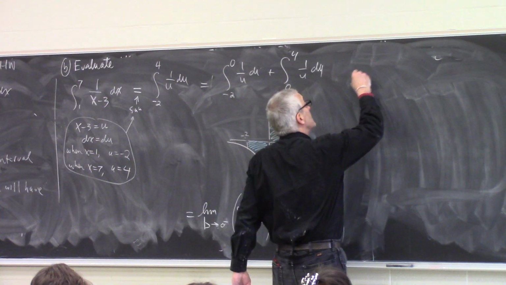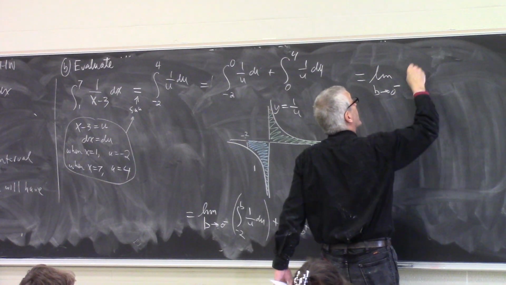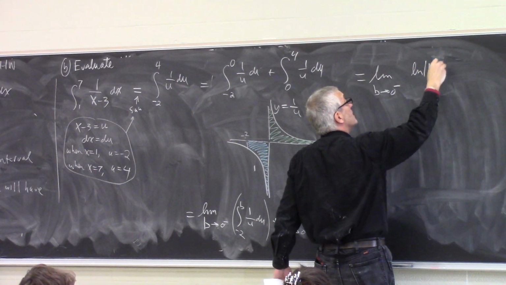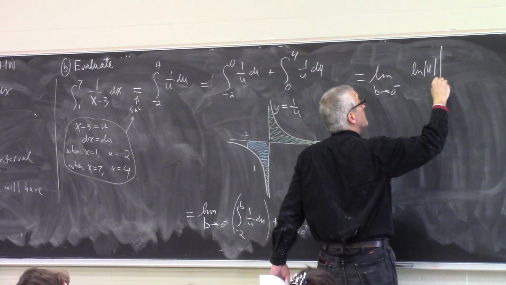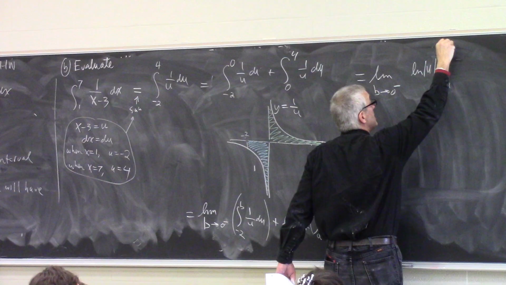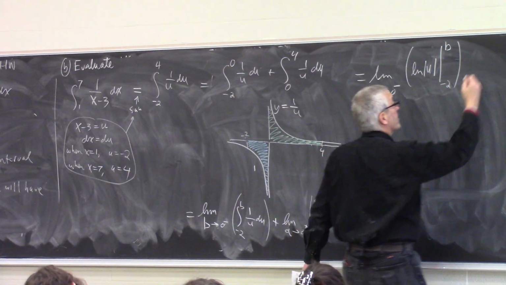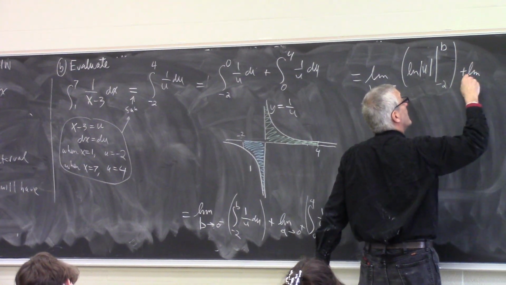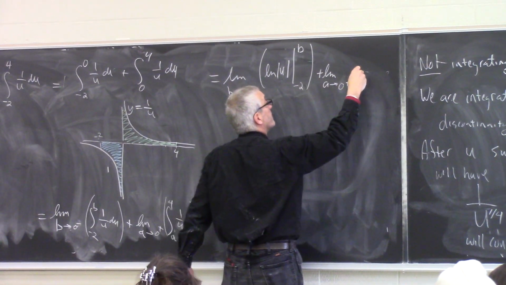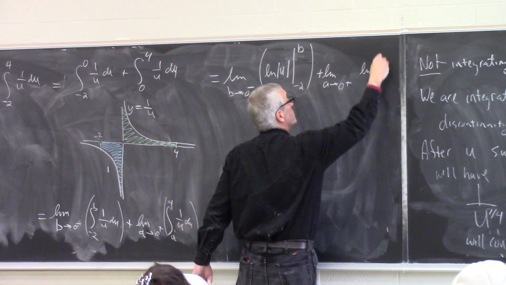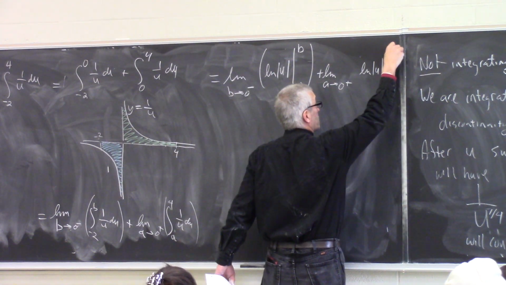Well, this is going to be the limit as b goes to 0 from the left of ln of absolute value of u evaluated from -2 to b. The integral of 1 over u is ln of absolute value of u, plus the limit as a goes to 0 from the right of ln of absolute value of u from a to 4.